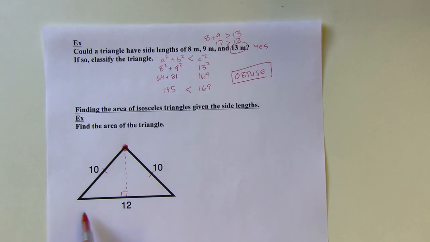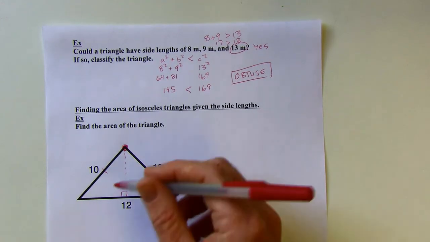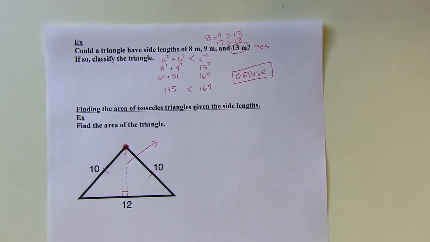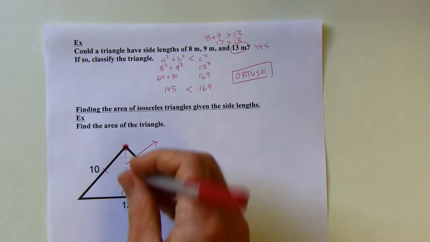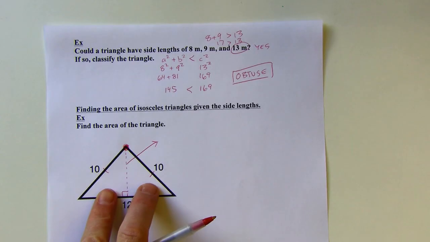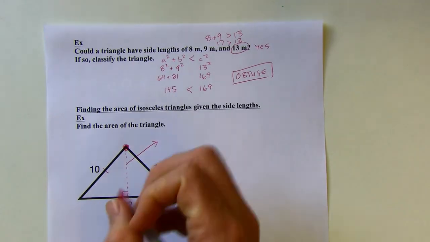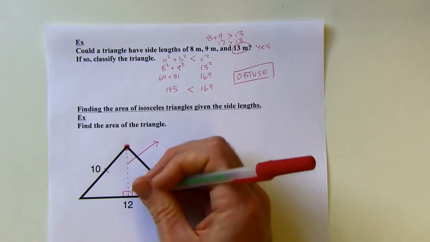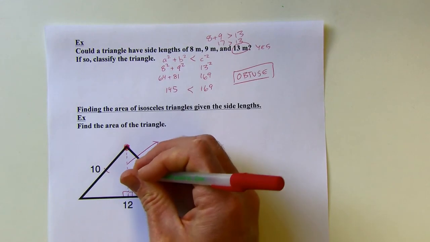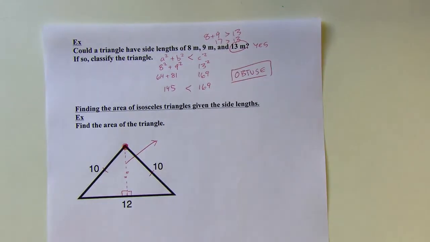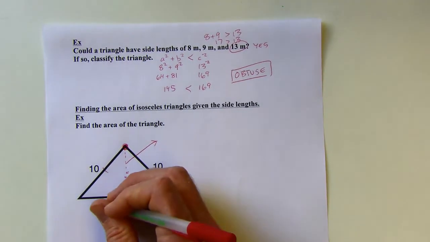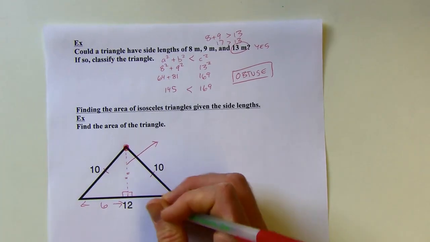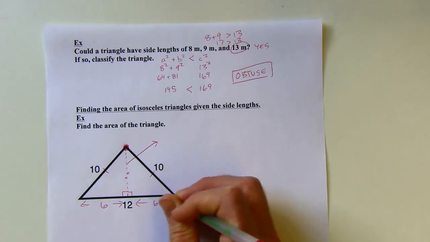So what I can do is find the length of this altitude, okay? Because we've actually got congruent triangles. We could figure that out with hypotenuse leg, right? The hypotenuses of both those right triangles are congruent, and then we could use the reflexive property like so, right? So those triangles are congruent, so that means that this 12 would get cut in half. So this would be 6, and this would be 6 again, okay?